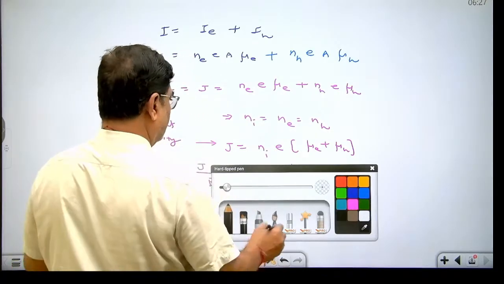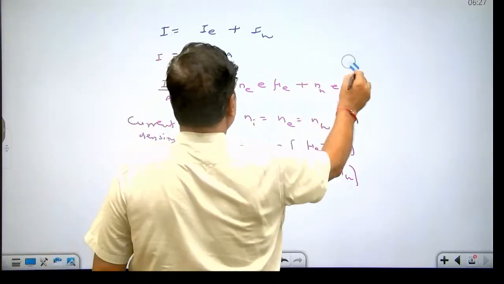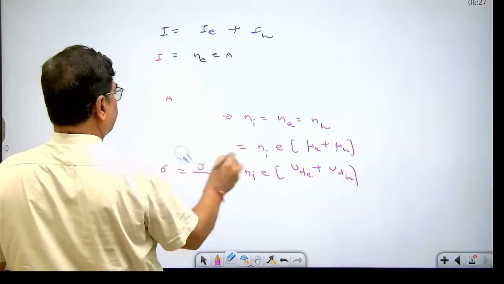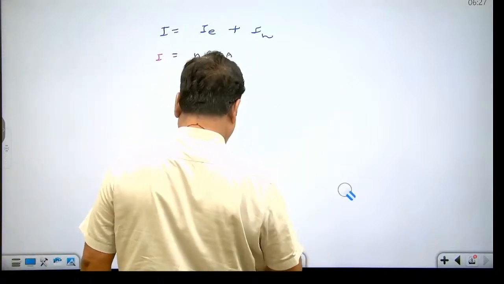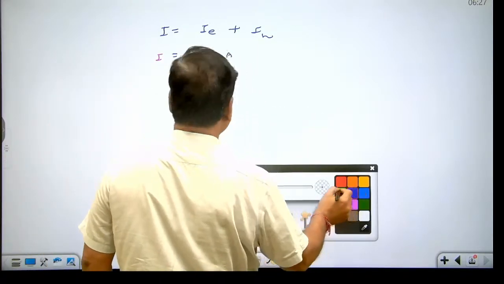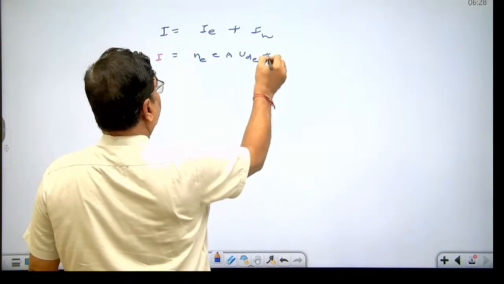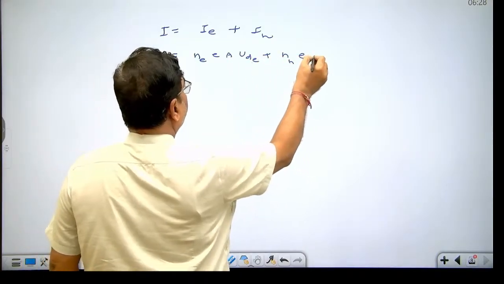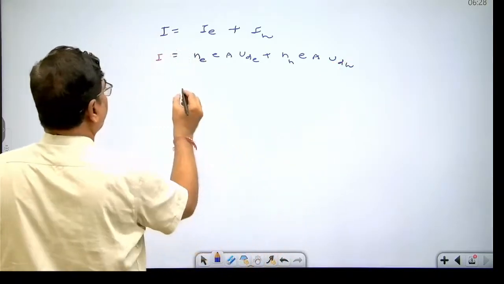Oh, that is wrong. This is not this. This is NE A VD. Dear student, what is current? Current is written as NE E A VDE plus NH E A VDH. This VDH is the drift velocity of hole.